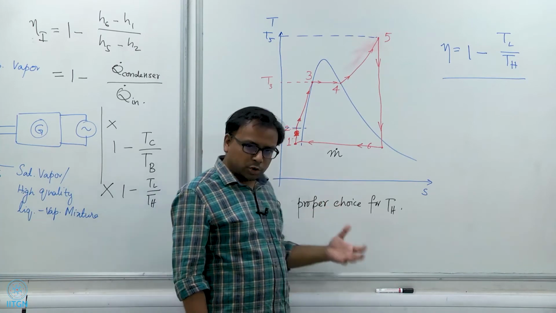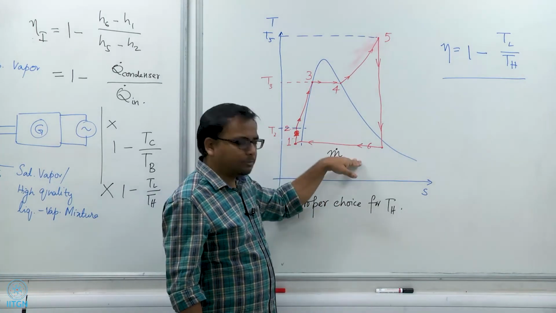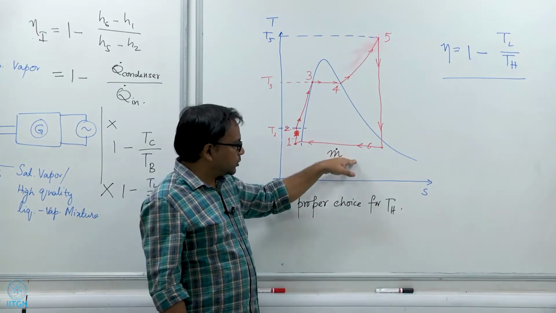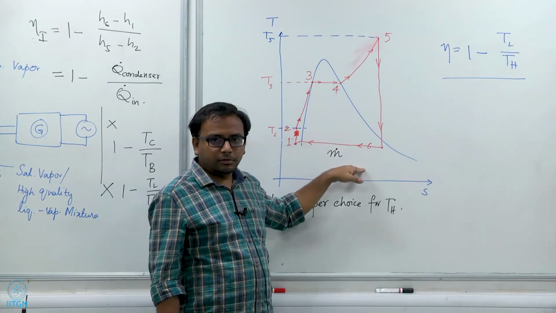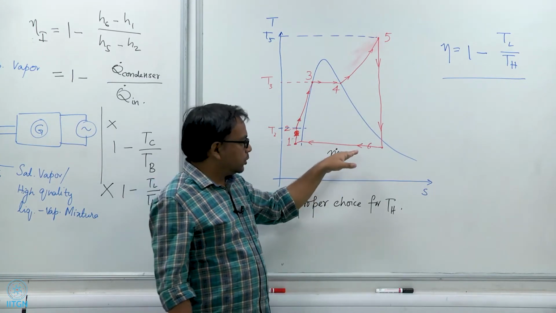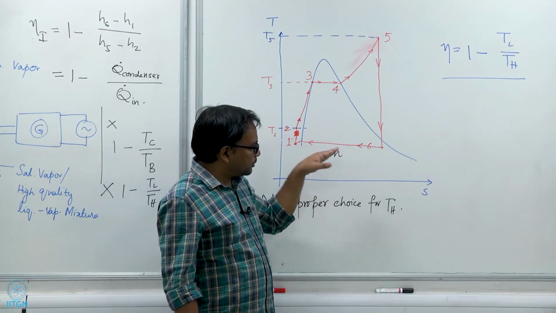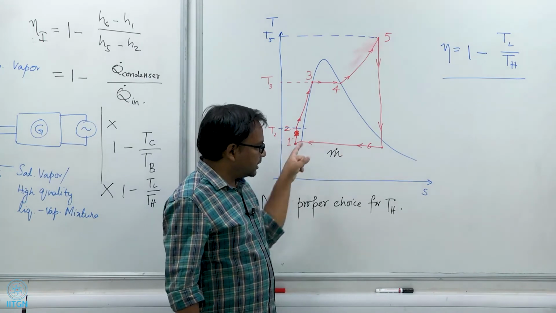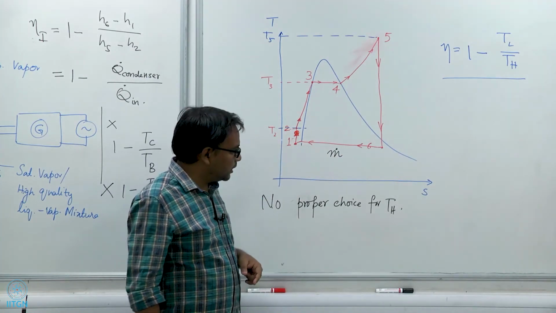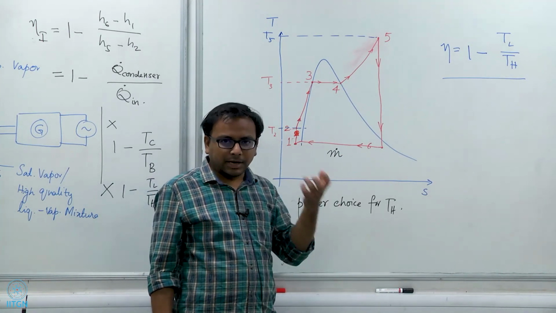Although you can use cooling towers to take it somewhat below the surroundings, there also you are limited, because you cannot go arbitrarily below the surrounding temperatures. So, it is perhaps justified to say that the condenser temperature is also limited by what is happening in the surroundings.